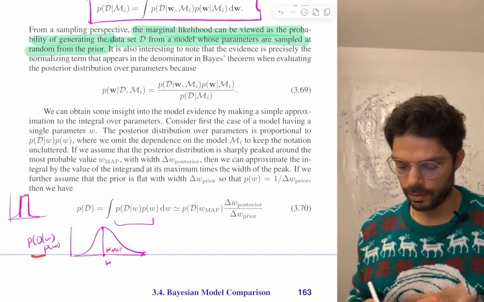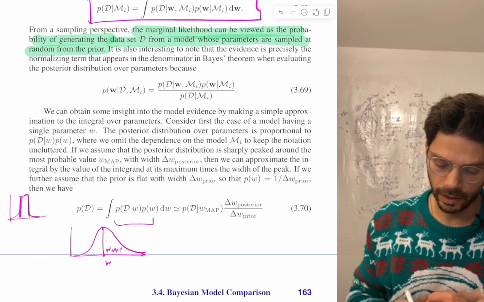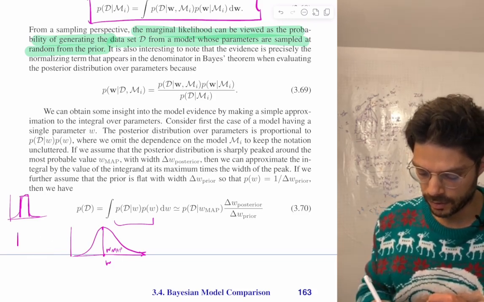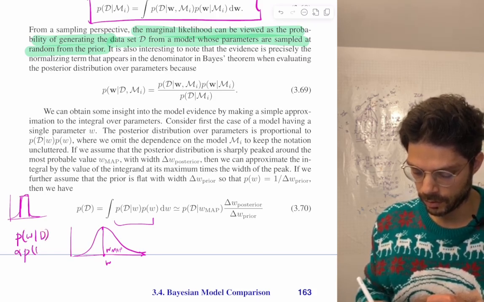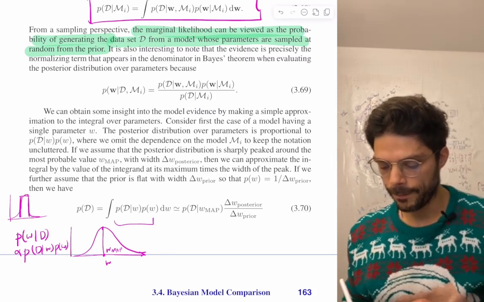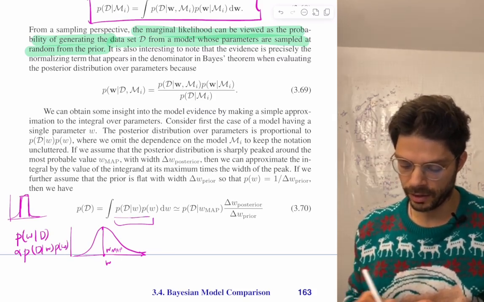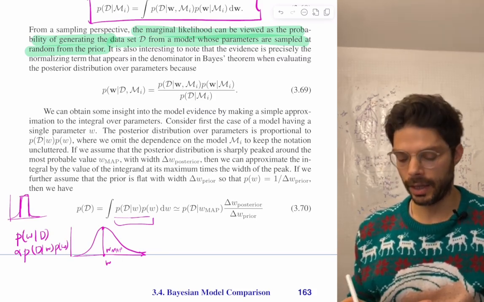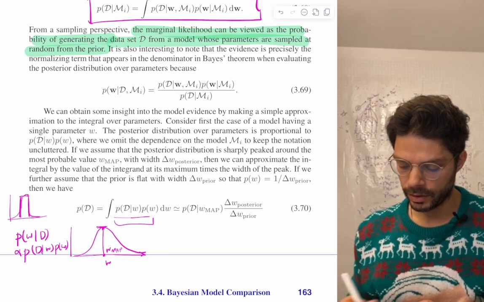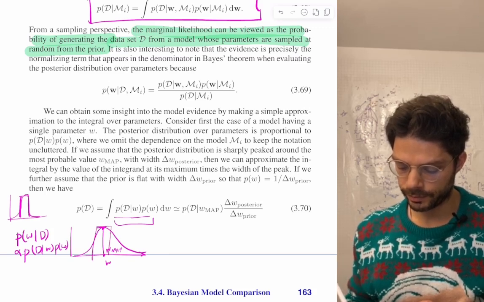Because this is P of W given data, which is proportional to P of data given W times P of W. Okay, so this is what we have in here. Now we're going to approximate it by its value times this width.